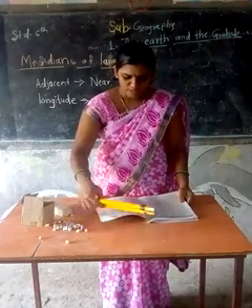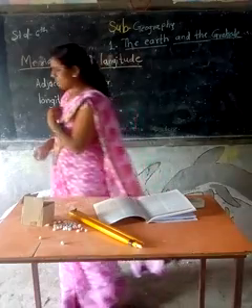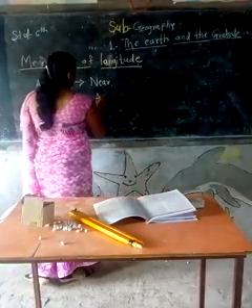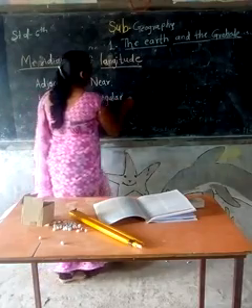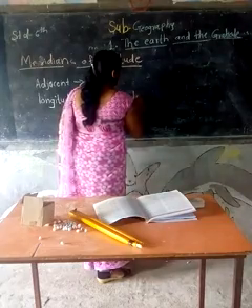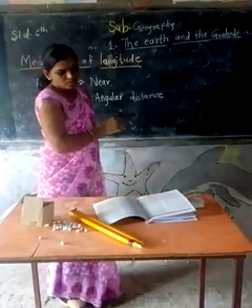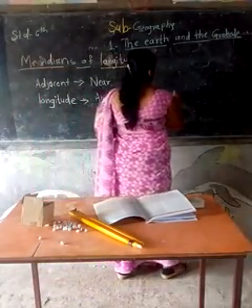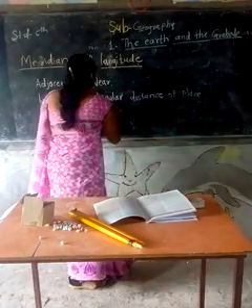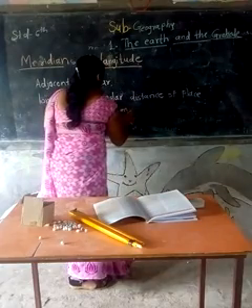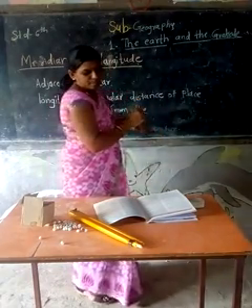Longitude means the angular distance of a place from the prime meridian.